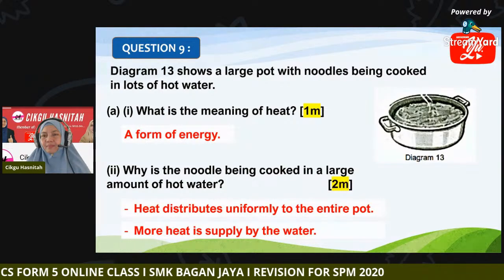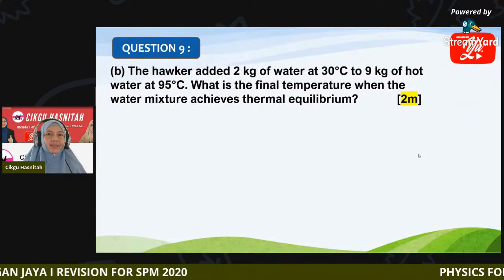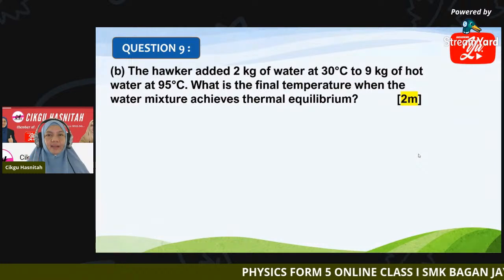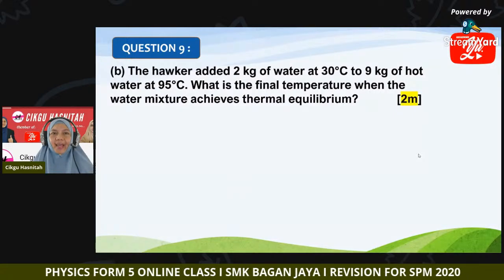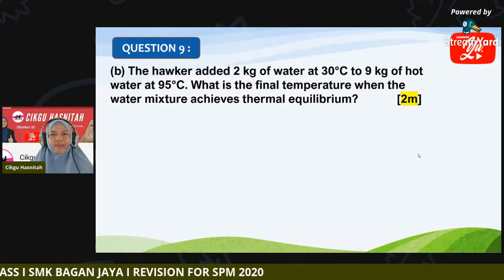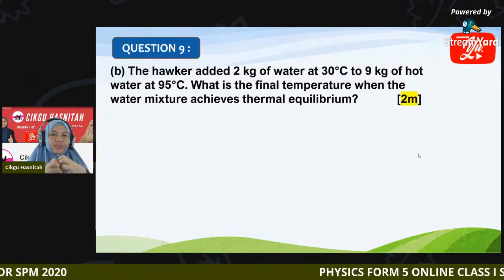Okay, next, B. Now the hawker added 2 kilogram of water at 30 degrees Celsius to 9 kilogram of hot water at 95 degrees Celsius. So what is the final temperature when the water mixture achieves thermal equilibrium?